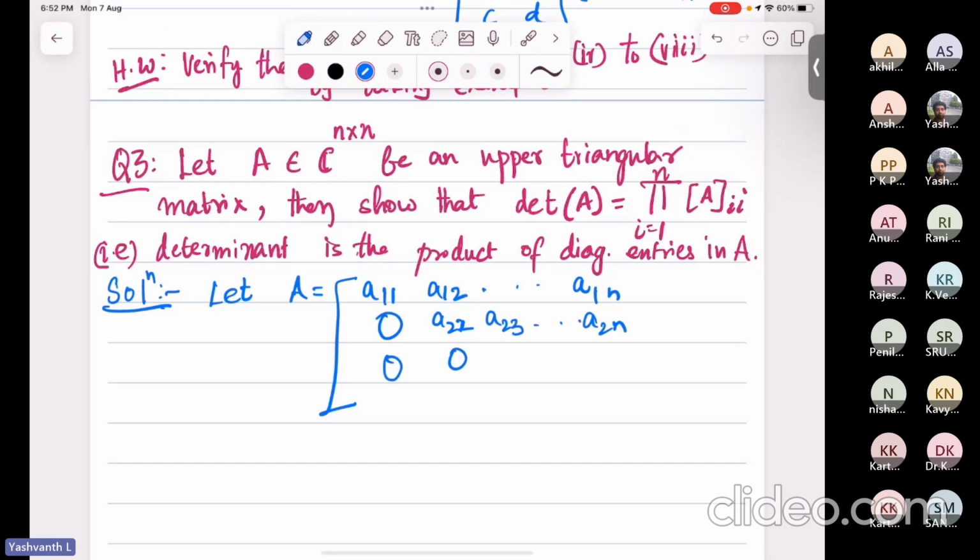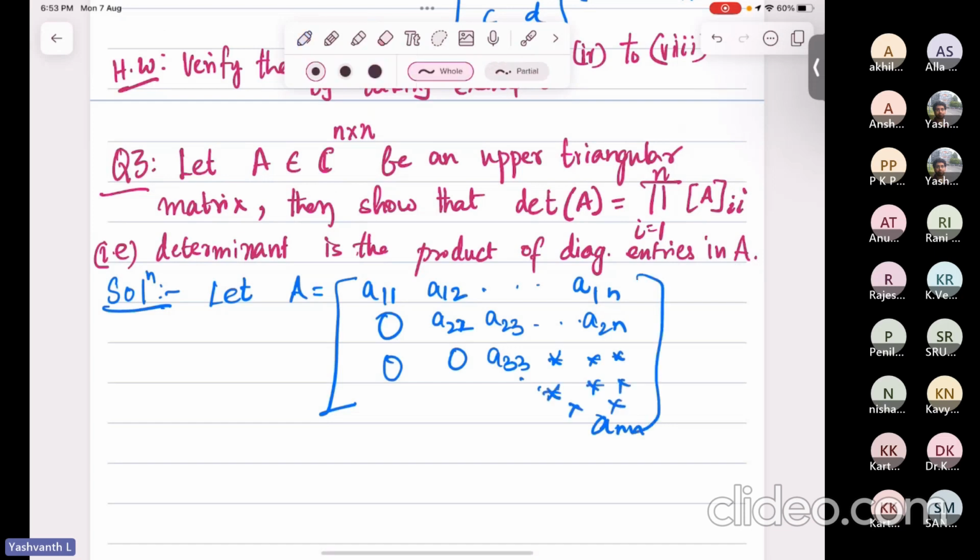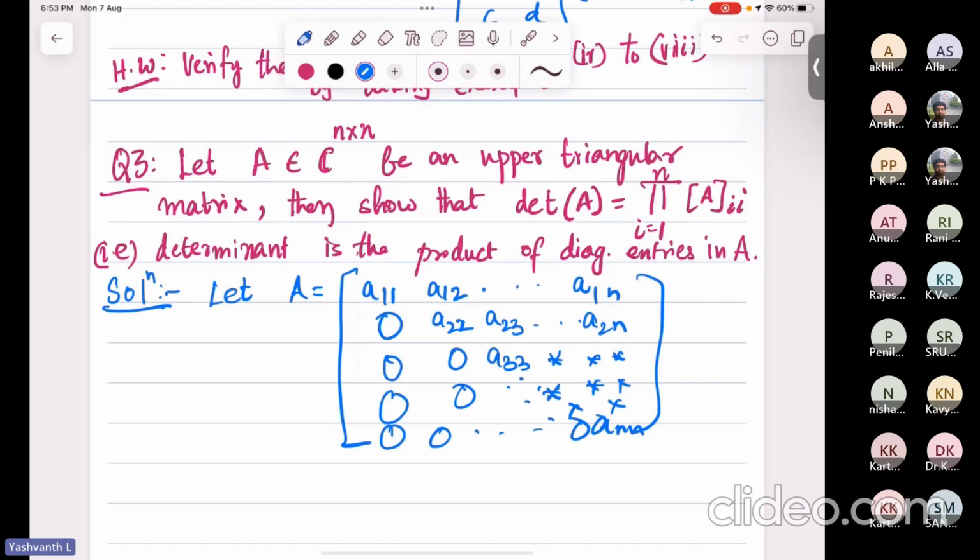Then 0, 0, a33, and so on till ann. So all these will be some non-zero entries. So you see the structure of the matrix, right? All the entries below the main diagonal are zero.